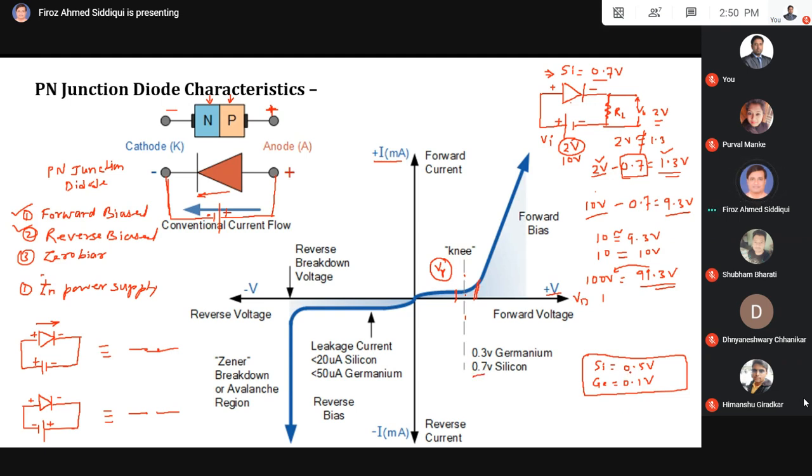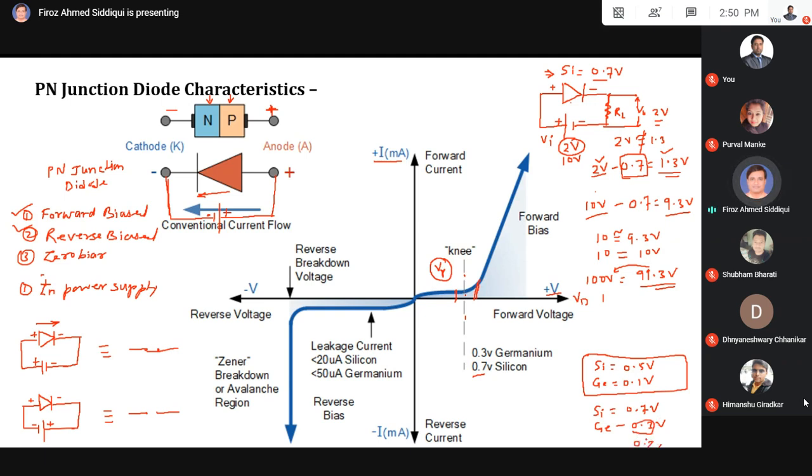So this 0.7 volt is the knee voltage. So for silicon it is 0.7 volt, and for germanium it is 0.3 volt. Or in some books you will find this as 0.2 volt also.